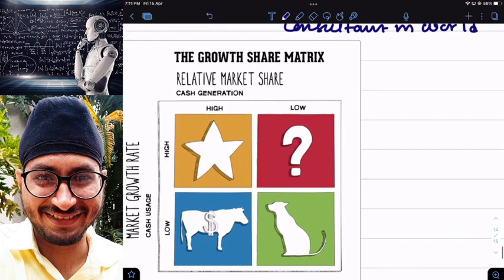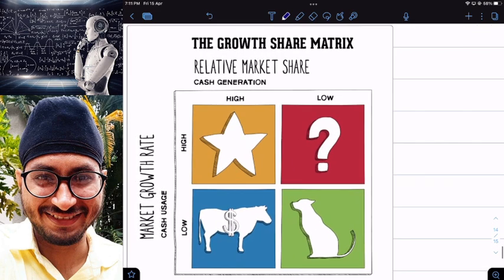Now, see here, according to the BCG matrix, I can divide my products into how many parts? I can divide my products into 4 parts: star, question mark, cash cow, dog.